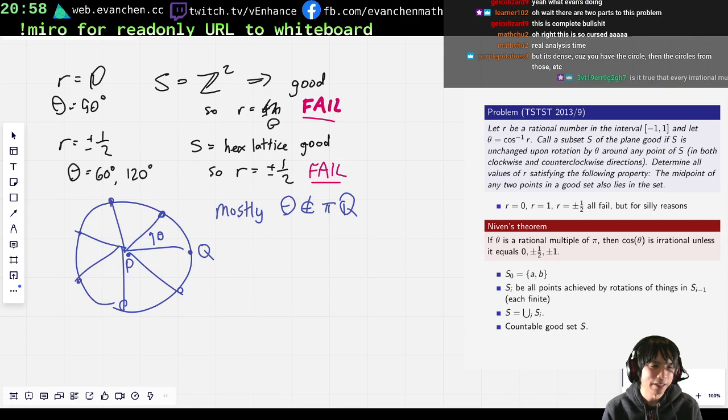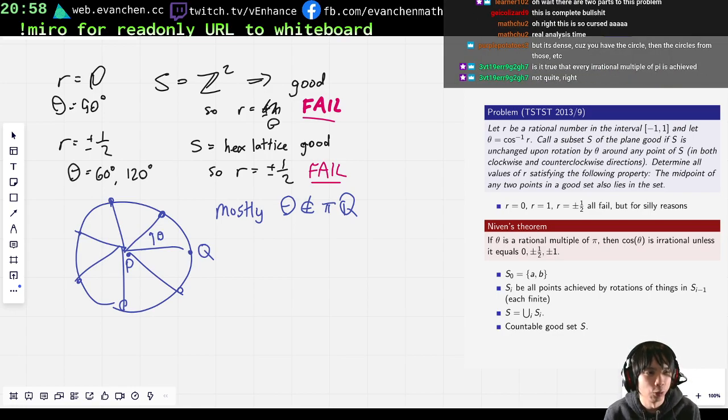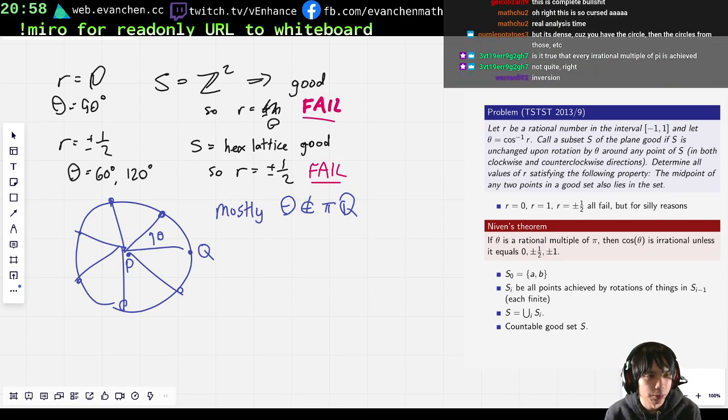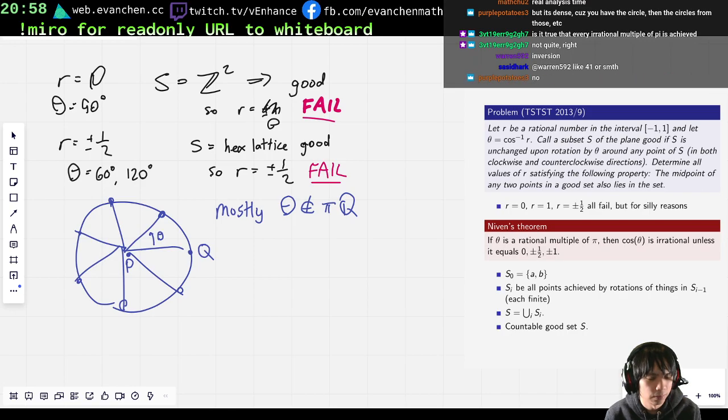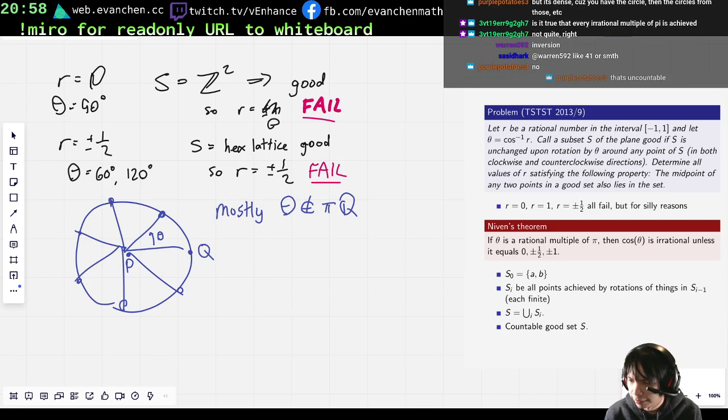Yeah. So basically what this means is that you hope that... Is it true that every irrational multiple of pi is reached? I don't think so. Anyways, what I was going to say is that we're not going to be able to describe all good sets. Actually, I will be surprised if I can give any description of a good set explicitly.